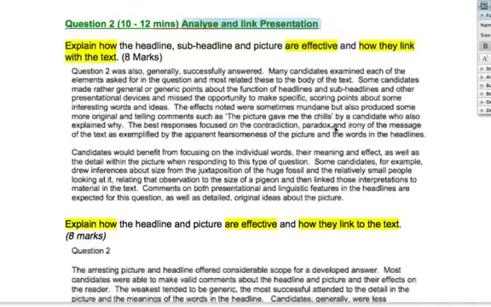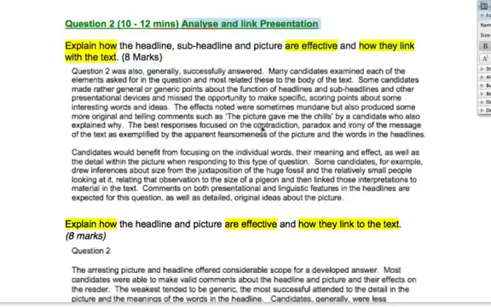So that's all analysis skill there, as exemplified by the apparent fearsomeness of the picture. So basically the language skills are only picked out here because they are apparent in the picture. So we've got exactly what we're looking for, the link and how effective it is.